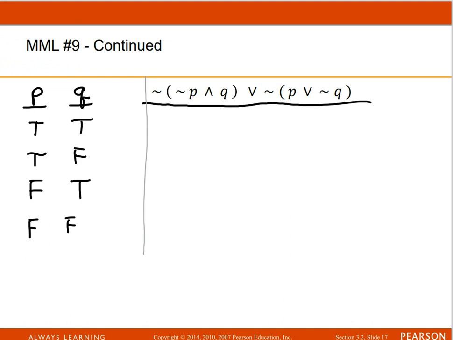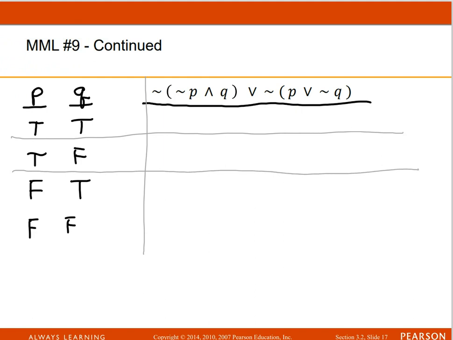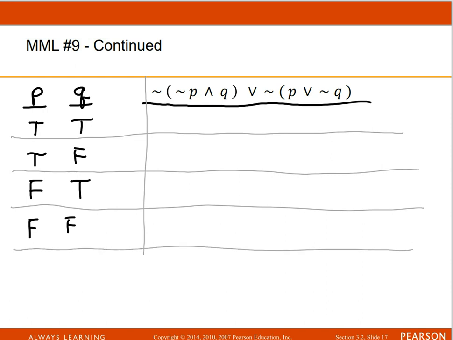So I'm going to need 4 rows. The first row is for true and true. The second row is for true and false. The third row is for false and true. And the last row is for false and false. Now in class, I usually use a ruler because I don't make great lines, but I can't do that here.